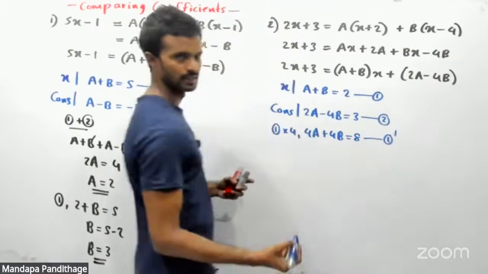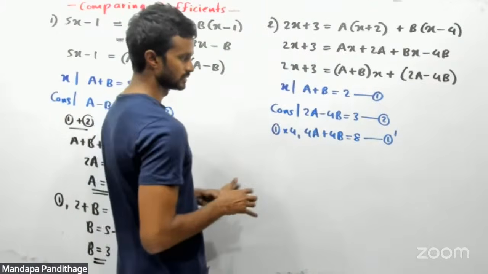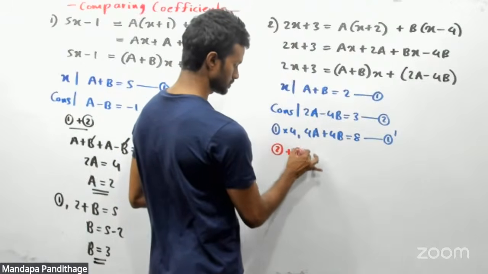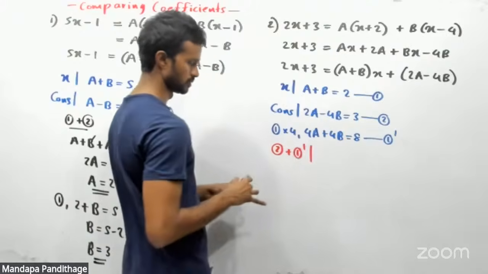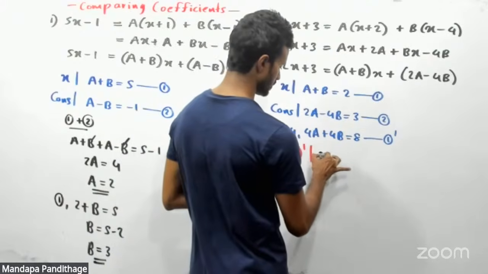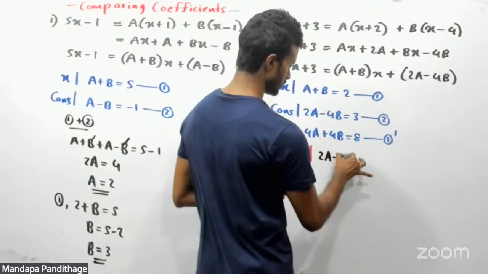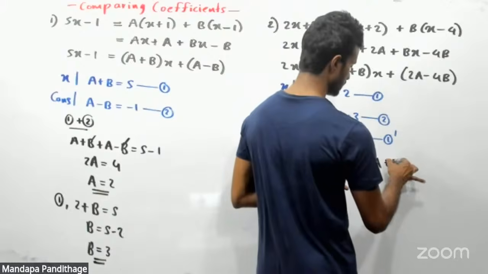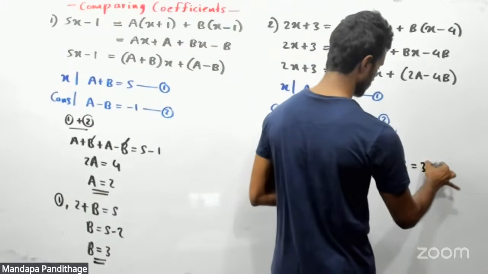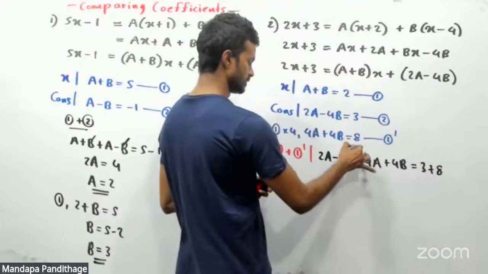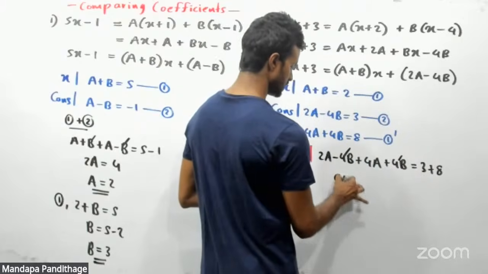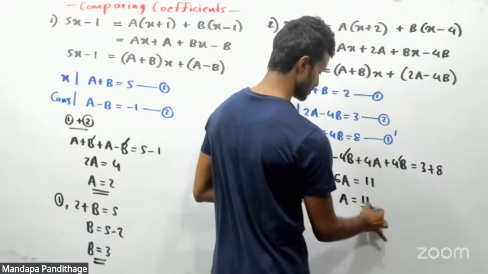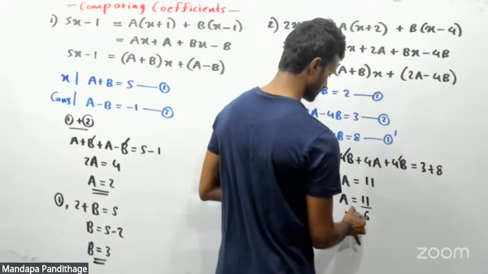Then add these two, because minus 4b plus 4b cancel off. 2a minus 4b plus 4a plus 4b is equal to 3 plus 8. We have 6a is equal to 11, giving you a equals 11 over 6.